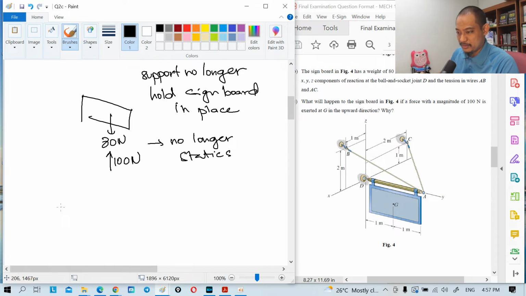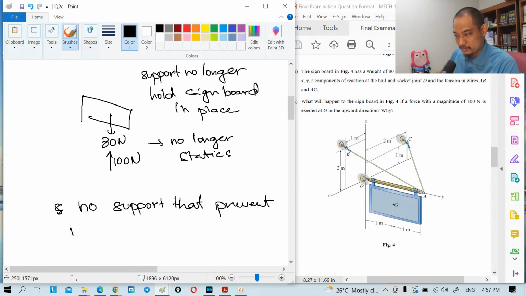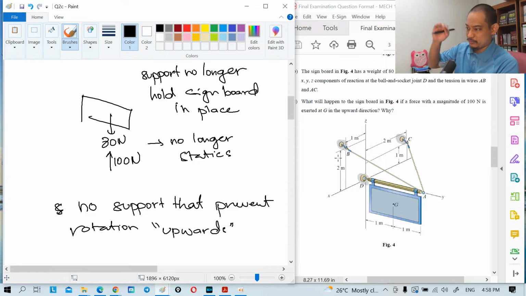Because there is no support that prevents rotation, basically rotation upwards. It will rotate at least about X, but the rest depends on all the other forces. But that's already beyond statics because it's already moving, because no support counters the moment.